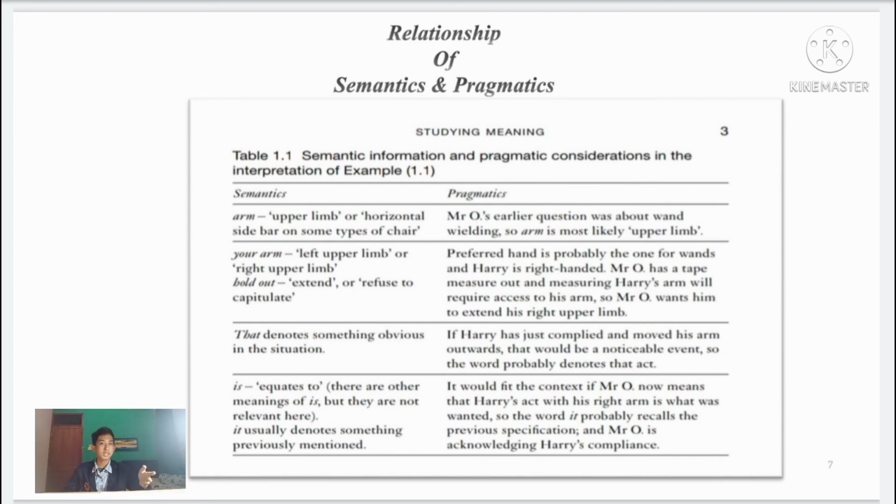Dan untuk "is" ini di sini itu lebih menyamai dari apa yang diminta dari si Mr. Ollivander.